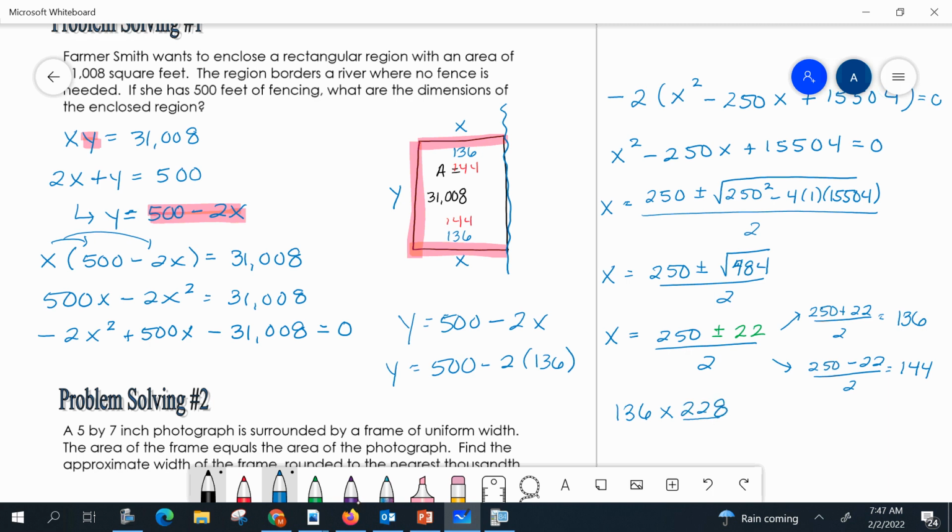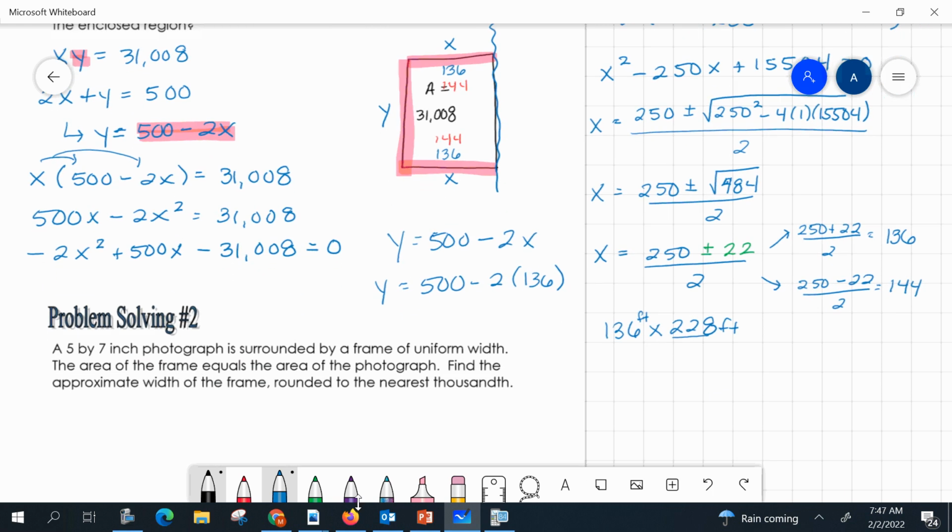All right, we can put in some units: 136 feet by 228 feet. Well, the other possible dimension is going to be 144. So maybe this time we take 500 minus 2 times 144, and we get 212. So the other possibility is 144 feet by 212 feet.